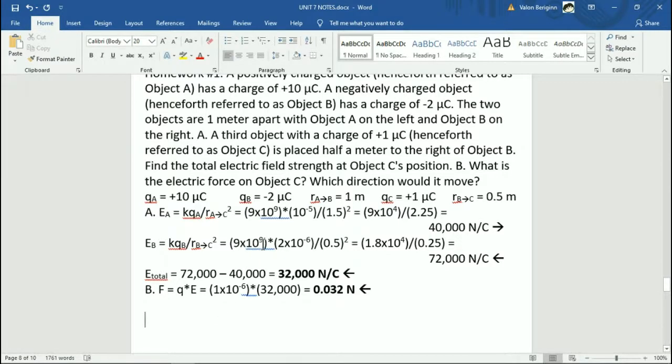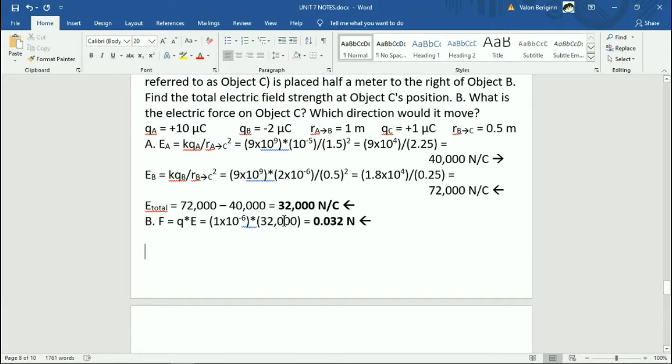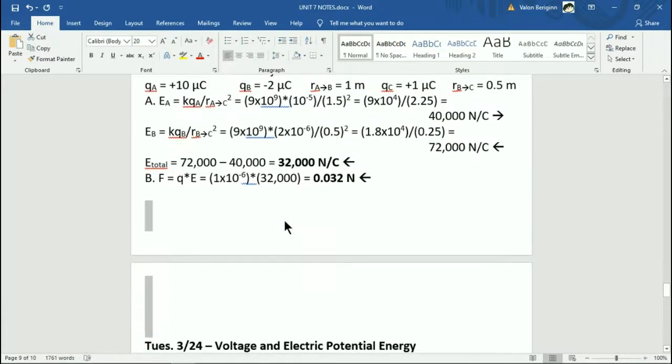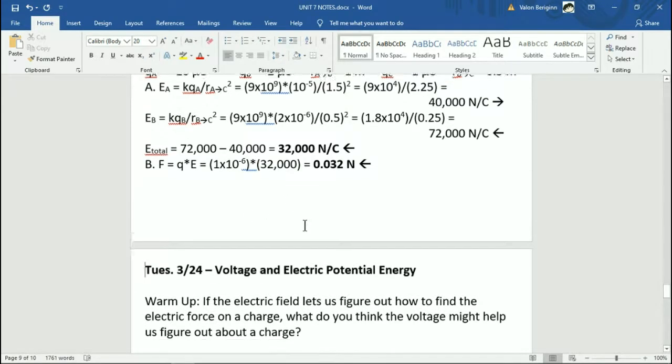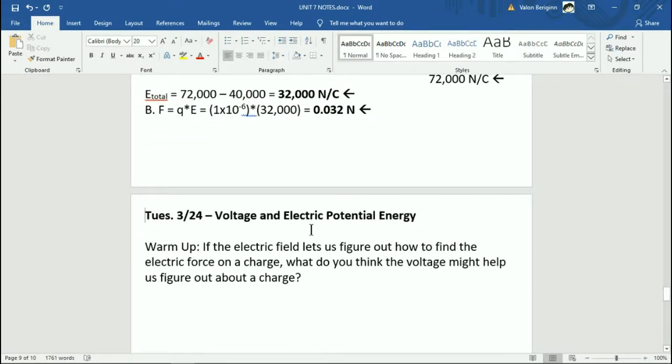Okay, so therefore, what are we starting? So we're starting with voltage and electric potential energy. Here's your warm-up question. Now, with the electric field, the point of what we've done is that you can figure out, at any point around any charges, an electric field.